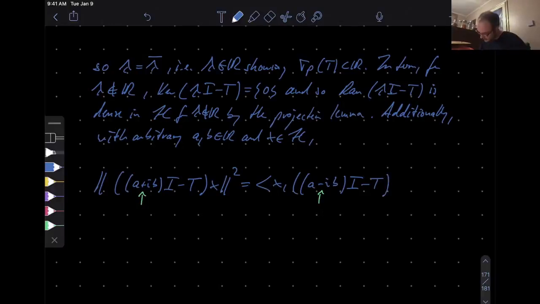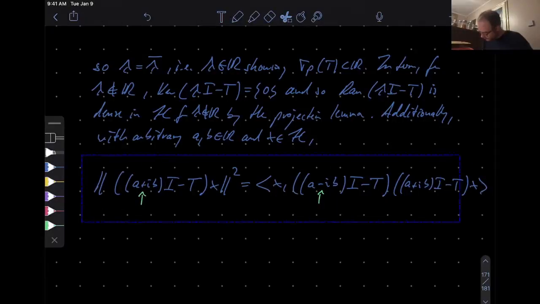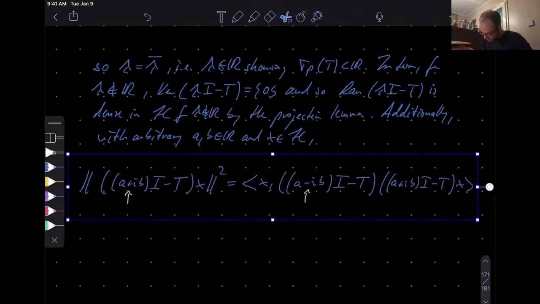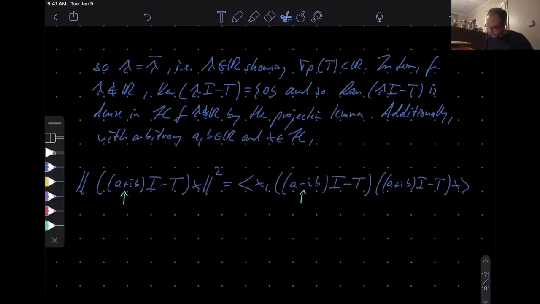We're currently doing this direction. And then the other part is still there, a plus ib times I minus T, applied to x. This is pure algebra, just exploiting the definition of the adjoint and using the fact that you have a self-adjoint operator. Now you can simplify this piece a little bit. You should check for yourself. This is just (aI minus T)x norm squared plus b squared norm of x squared, where a is the real part of lambda.